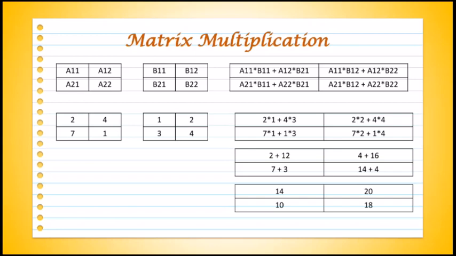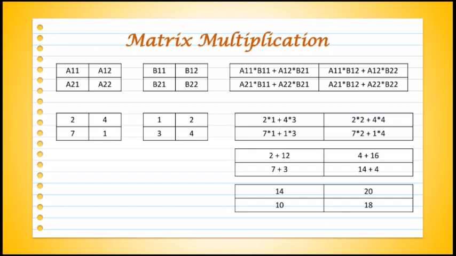If you see, for 2 into 2 matrices we have performed a total of 8 multiplications and 4 addition operations. But when performing this on a computer, the multiplication operator takes more time.